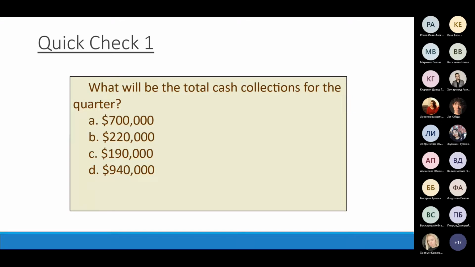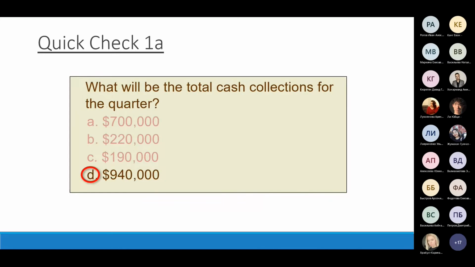For those who decided to calculate, I may tell that this would be 940,000 because some volume will be sold on account, then we'll receive it only next quarter.